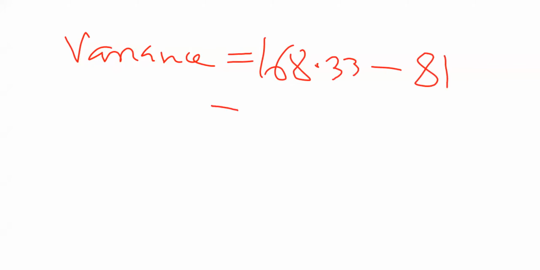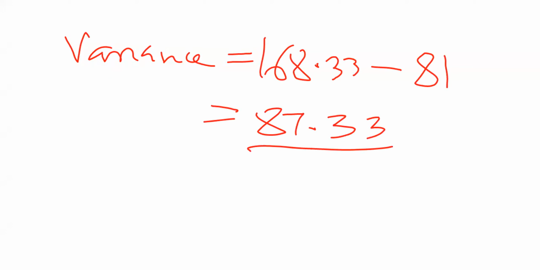And the difference, if you saw what we did before with actual mean, what we got at that time was actually 87.33. You can redo that same question, just to confirm that whichever method you use, we are bound to get the same answer.